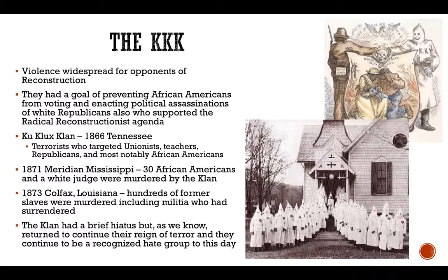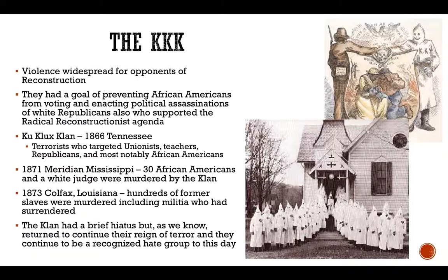The KKK is one of the more famous groups that reacted this way. Instead of embracing the universal rights that were being presented and being talked about, they decided that the way things had worked for them, they wanted to go back to that.